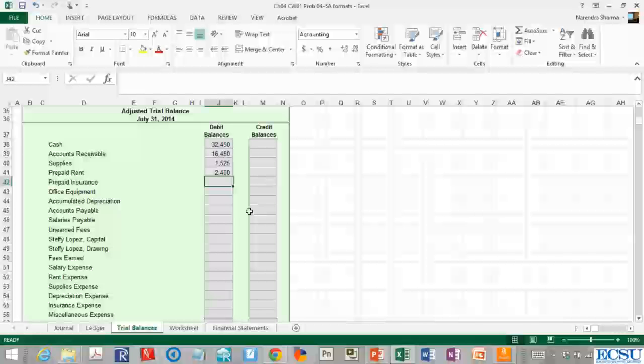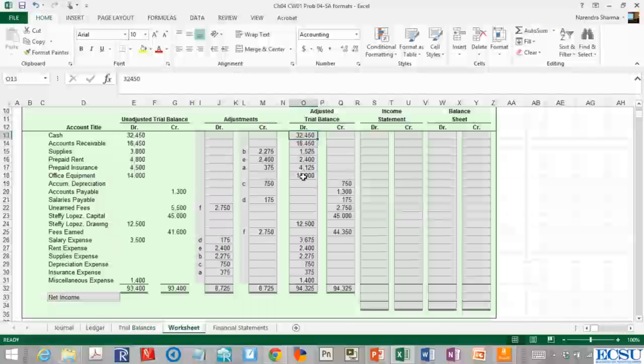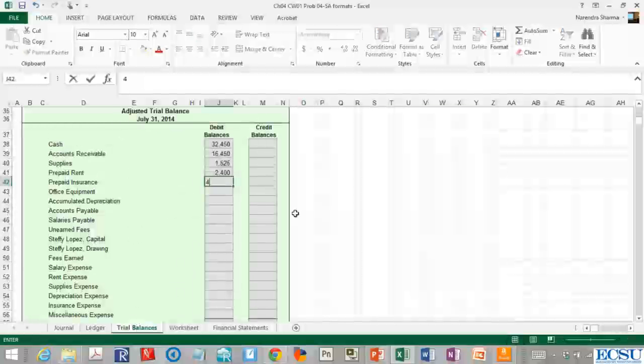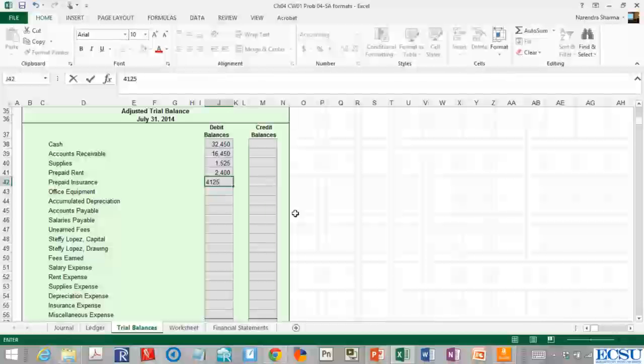Prepaid insurance was, let me check, 4,125.